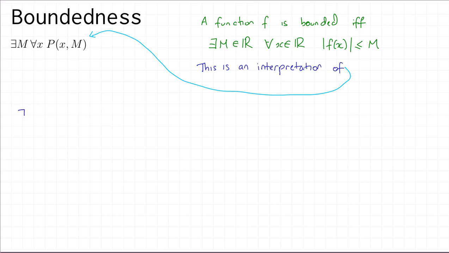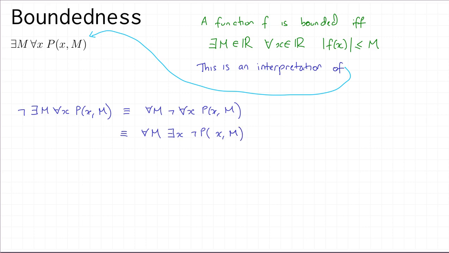So the negation of there exists m for all x p x m would be logically equivalent to, according to the logical equivalence for not there exists that we learned at the end of our last video, for all m not for all x p of x m. Okay, now we have a formula where we've got not in front of for all, so we can use the other logical equivalence that I put on the last slide. We now get for all m exists x not p of x m.